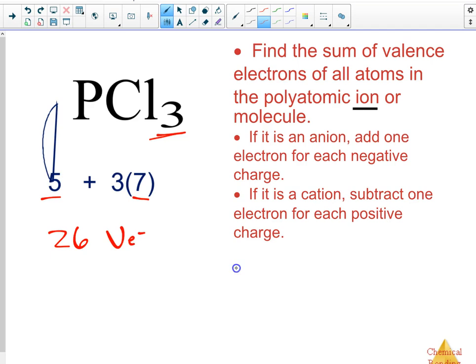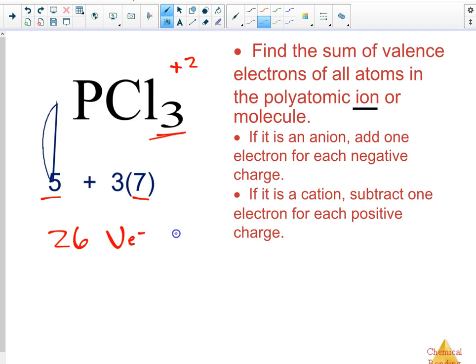Couple of nuggets here. If the thing is an anion, so this one is not, but if it had a -2 up here, add 1 electron for each negative charge, so this one would be 2. If it was a cation, which this definitely is not, with a +2 charge, you would subtract 1 for each positive charge.